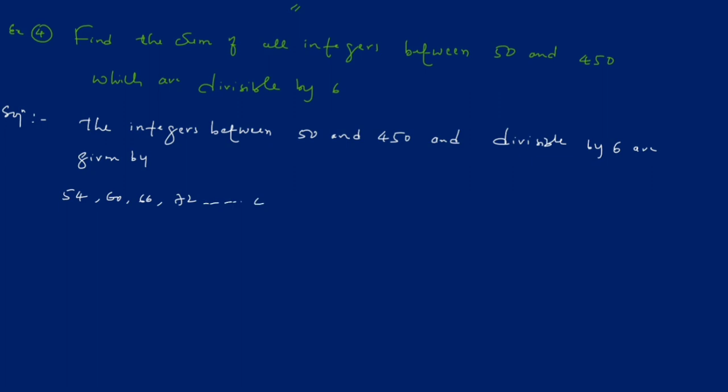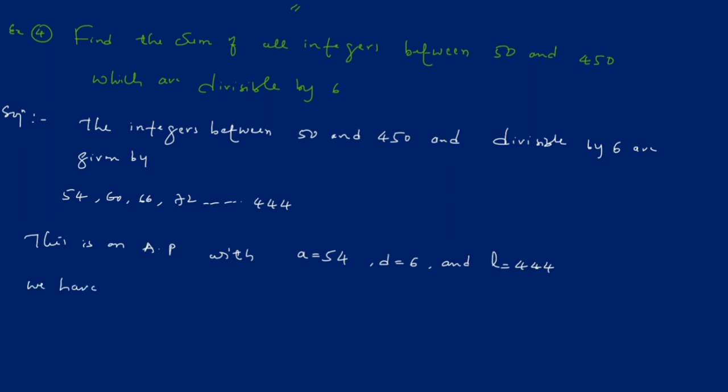So on up to 444. In between values they are saying, it means we cannot take 50 and 450, right? So 54 to 444. This is an AP with a equals 54, d equals 6 and l equals 444.